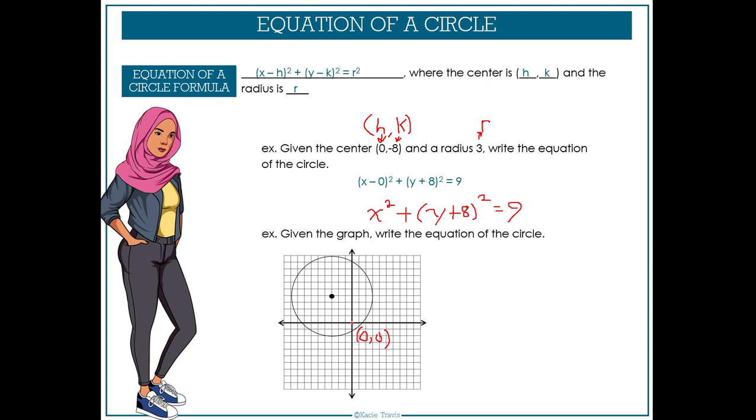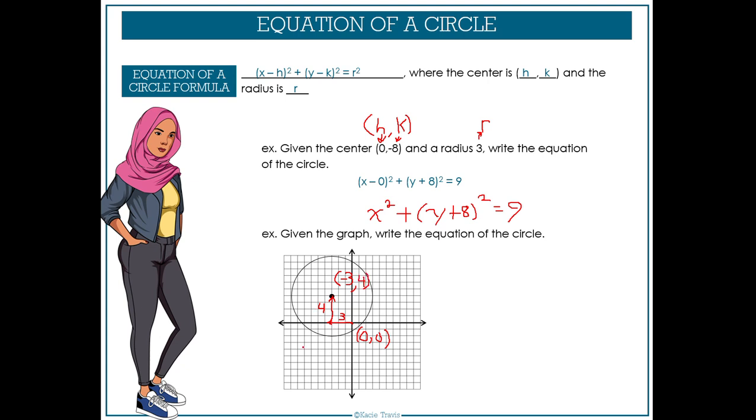So from here, 0 to the left, I went 1, 2, 3 boxes. So this is 3 to the left. And then we went up 1, 2, 3, 4 boxes. So this is up 4. So that means that our center point is negative 3, comma, 4.